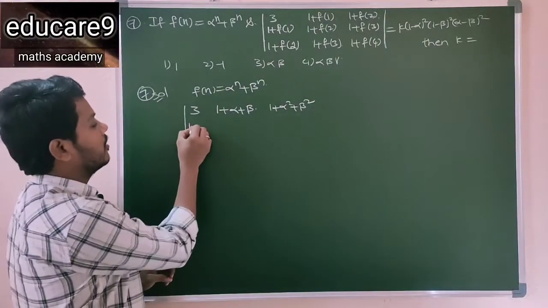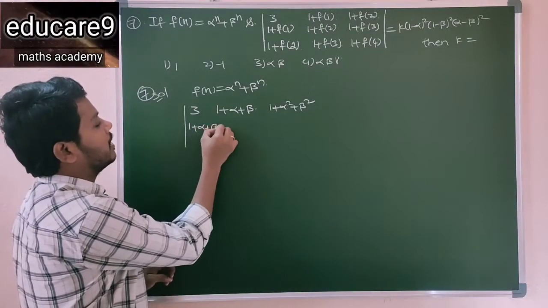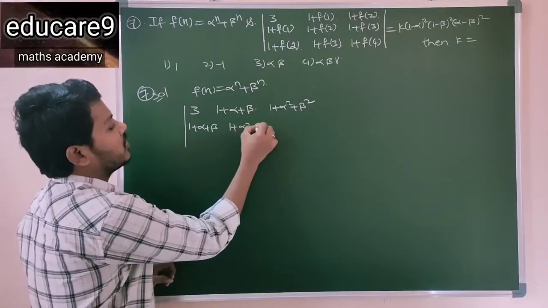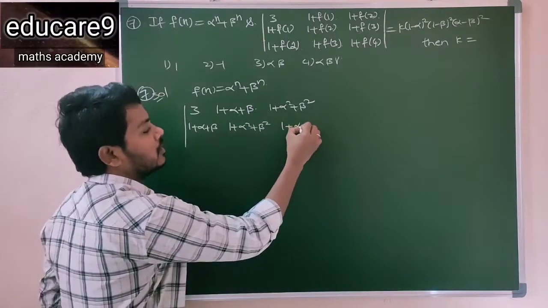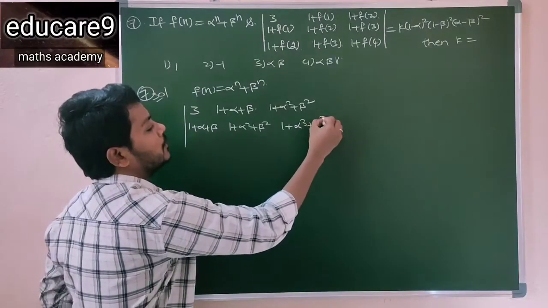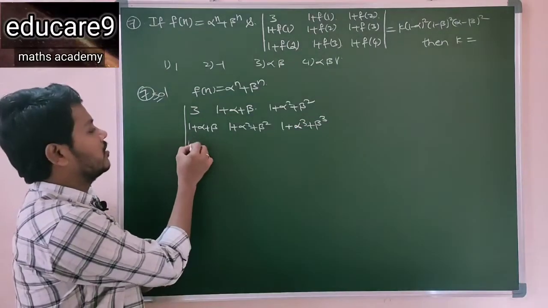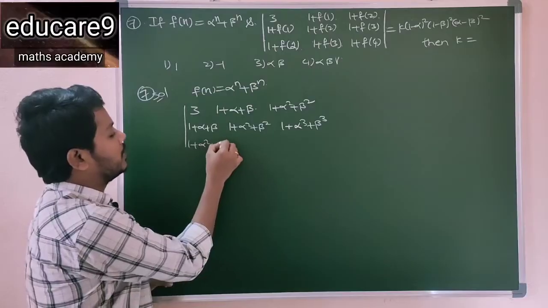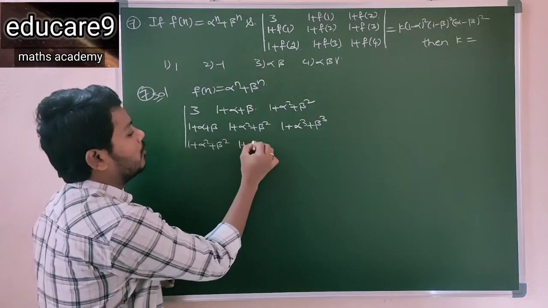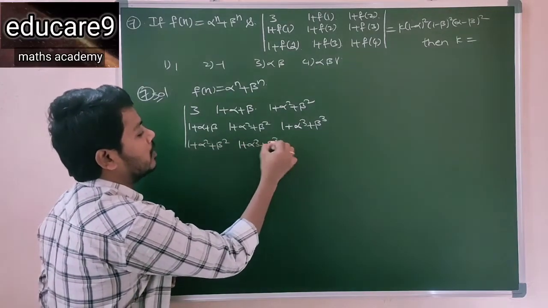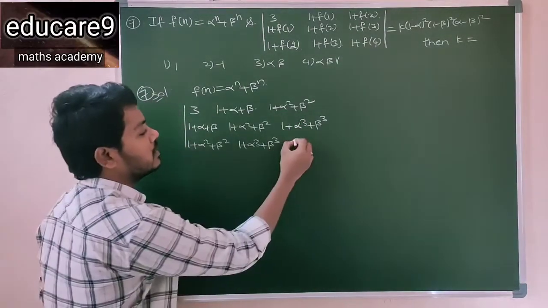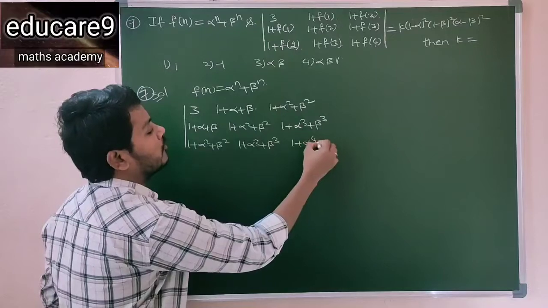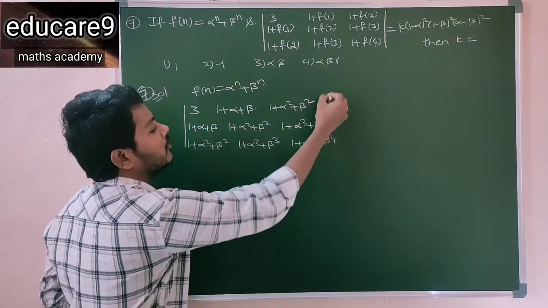So next one 1 plus alpha plus beta, 1 plus alpha square plus beta square, 1 plus f of 3, that is alpha cube plus beta cube. So next 1 plus alpha square plus beta square, 1 plus alpha cube plus beta cube. So next one 1 plus f of 4, that is 1 plus alpha power 4 plus beta power 4.